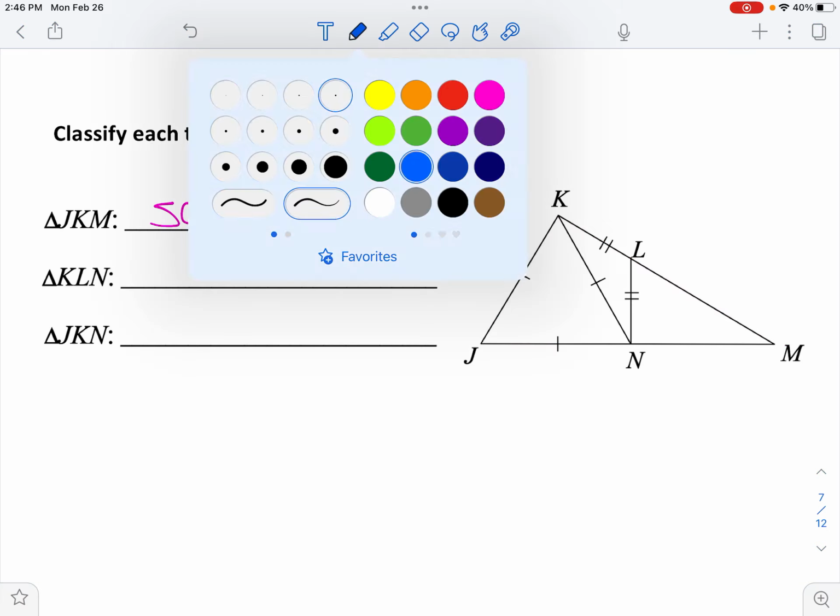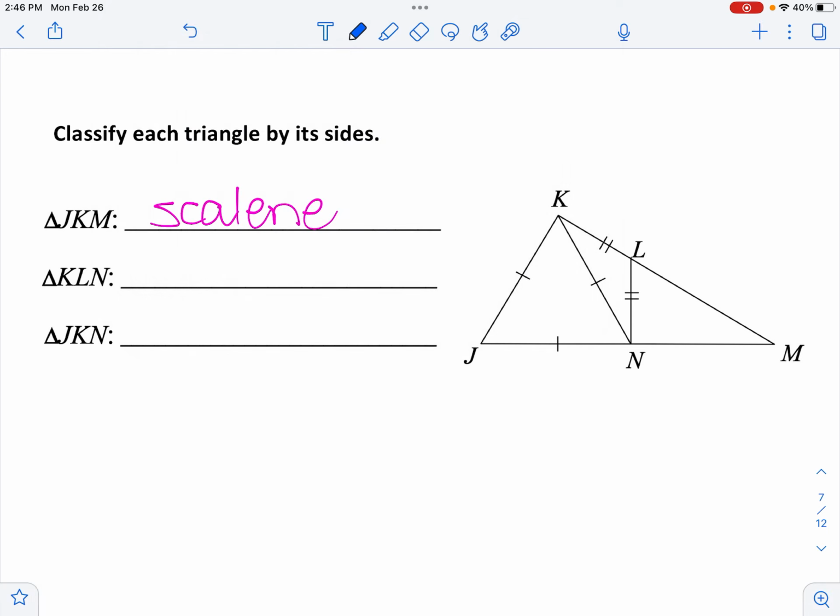All right, K, L, N. This side and this side are the same. So 2 sides being congruent is isosceles. And then J, K, N is this one here. All 3 sides are the same, here, here, and here. So that's equilateral.